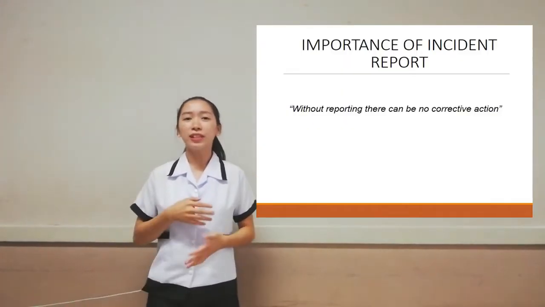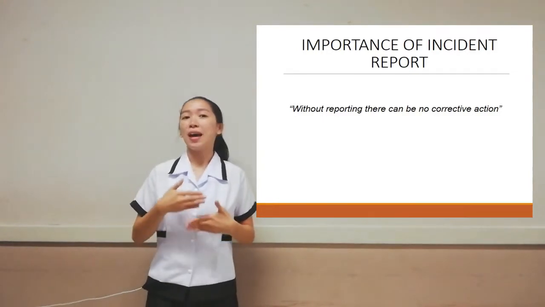Why is an incident report important, or why does it matter? It is simply because without a report, there can be no corrective action. Employee safety is paramount. When an accident happens once, it can happen again unless the cause is identified and addressed. In addition to these factors, legal protection is essential.